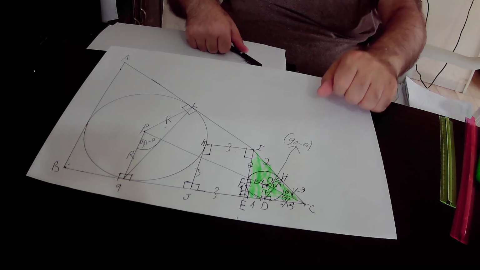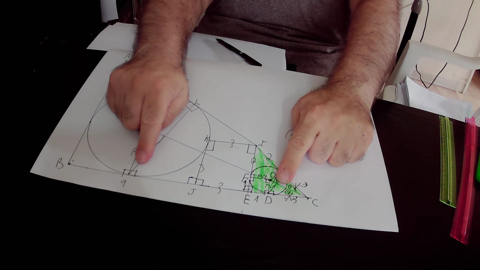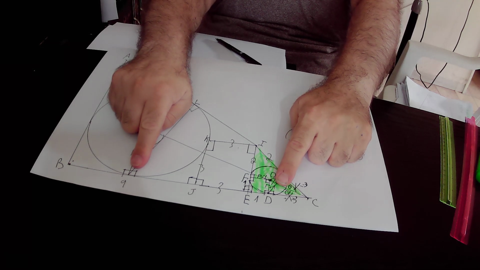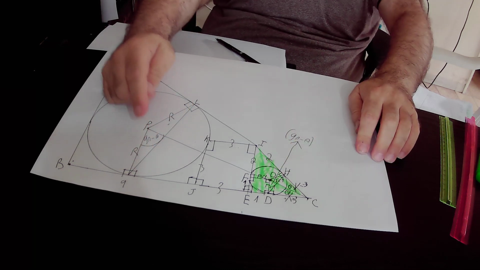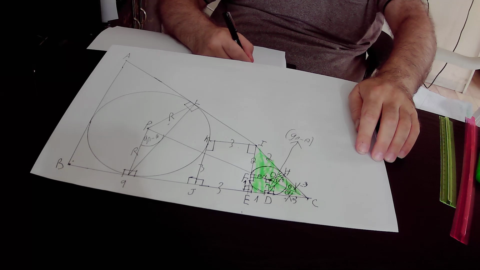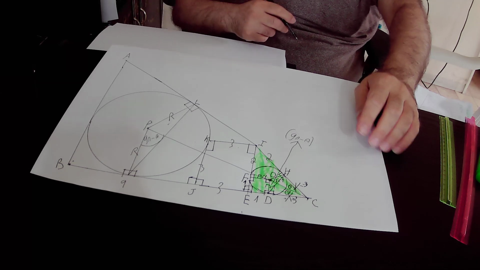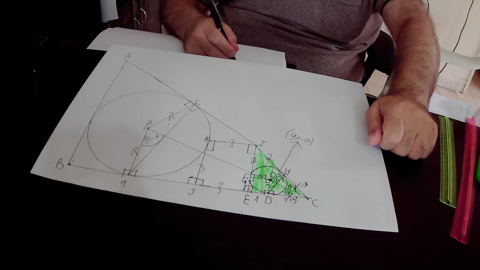In addition, those two angles are both equal to 90 degrees, therefore they are equal to each other. So we can find out that angle PQC in the big right triangle is equal to this angle, that is actually angle ODC.